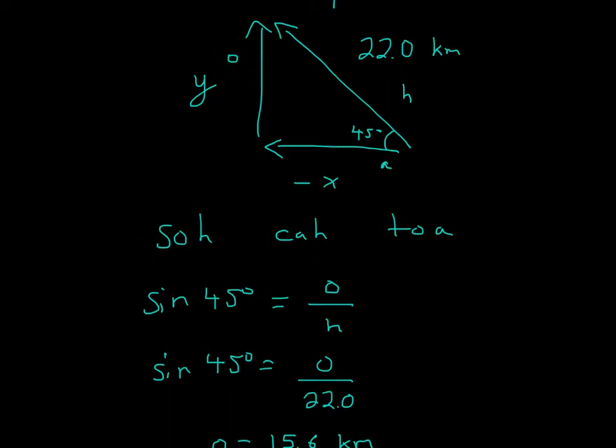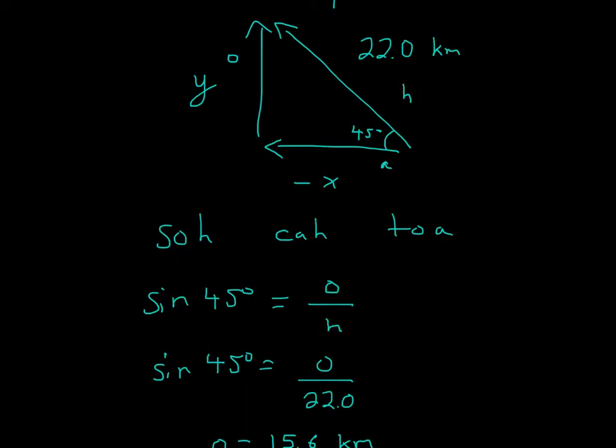Let's find the y component first. It's the opposite over hypotenuse, because we have one number and the angle, so we can find this side. Since it's opposite over hypotenuse, it goes with sine. So sine of 45, this angle, is equal to opposite over hypotenuse.